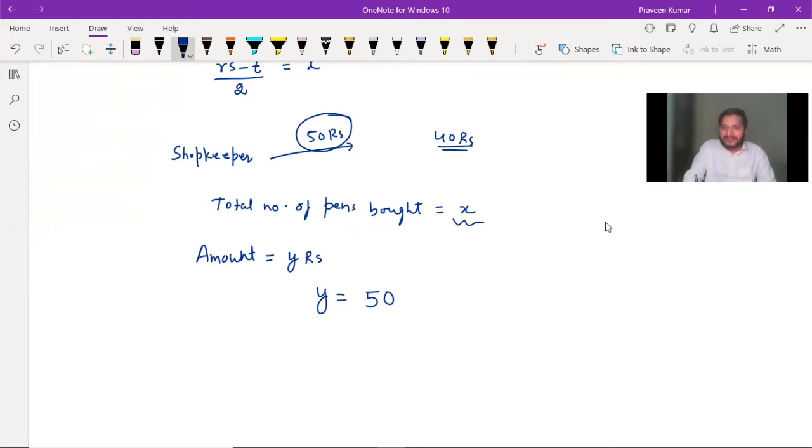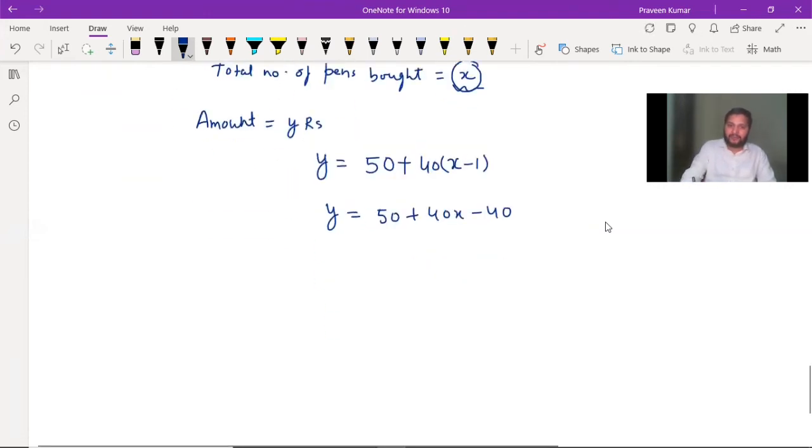So how many pens remain? One less than x, so it will become x minus 1. For every pen he has paid 40 rupees. So y is equal to 50 plus 40 times (x minus 1).